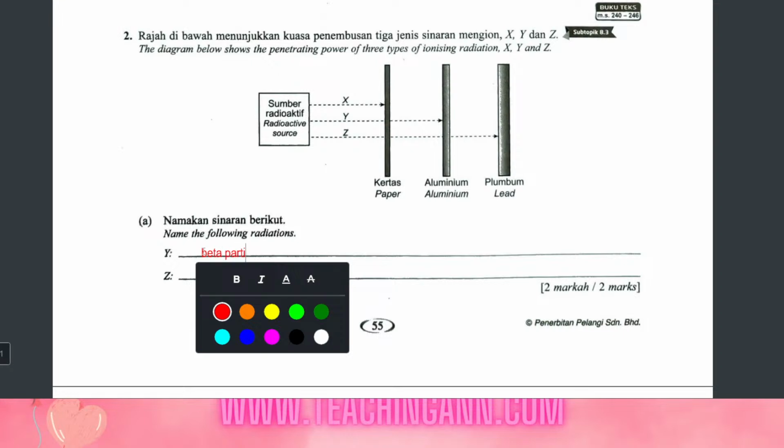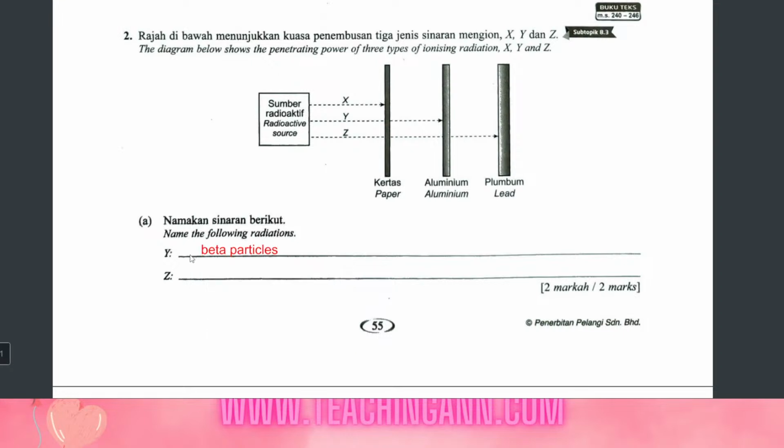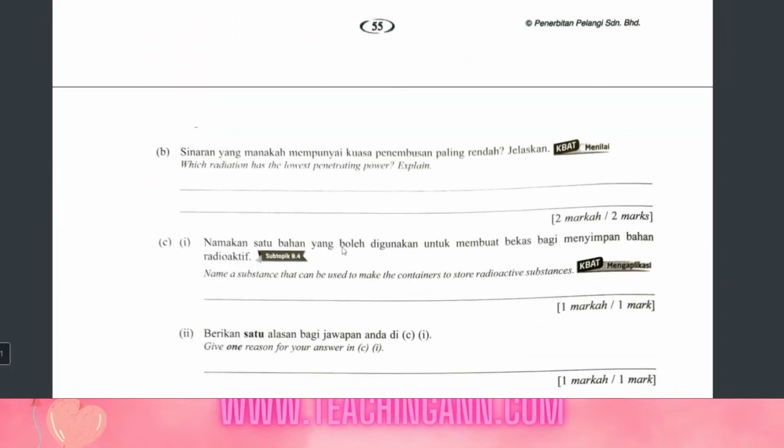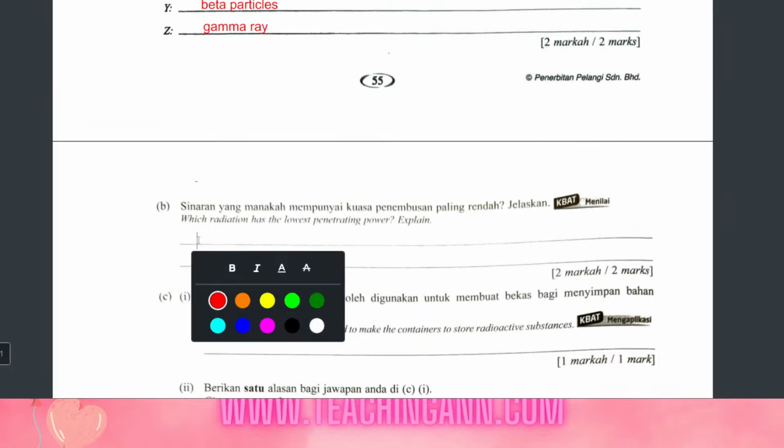Beta particles. Okay, B. Which one, beta particles, gamma rays, beta particles.